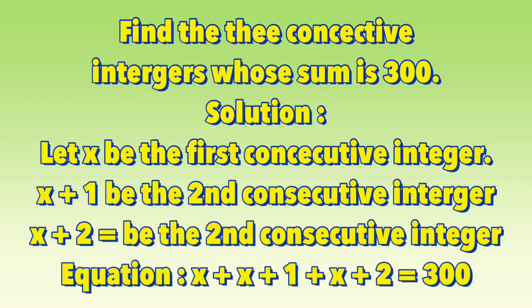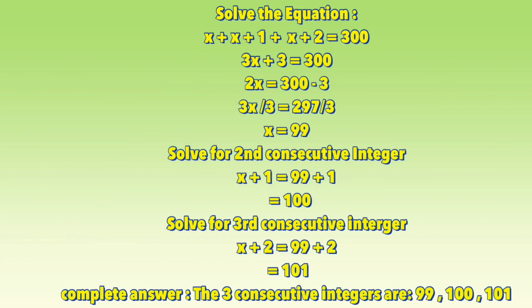Then we have to make an equation. Since we encounter the word sum, we're going to add the first, second, and third integers. So x plus x plus 1 plus x plus 2 equals, the given is 300, so equals 300.